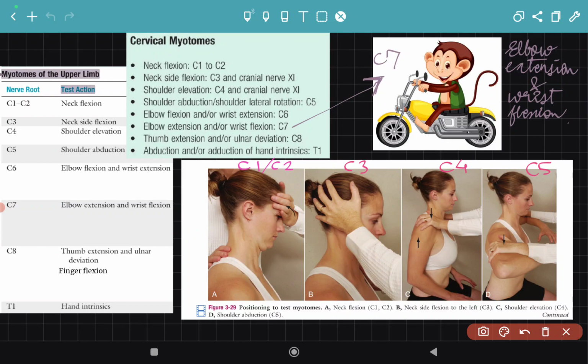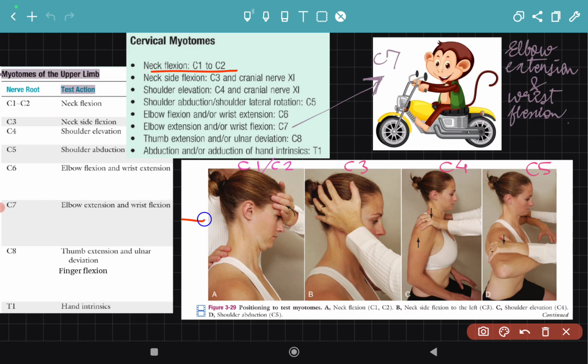Let's start with cervical myotomes, from C1 to T1. C1 and C2 are both for neck flexion, also sometimes considered for neck extension, but mainly flexion. You can refer to this part in Magee's book for Orthopedic Physical Assessment. Now let's continue. For neck flexion we have C1, C2.